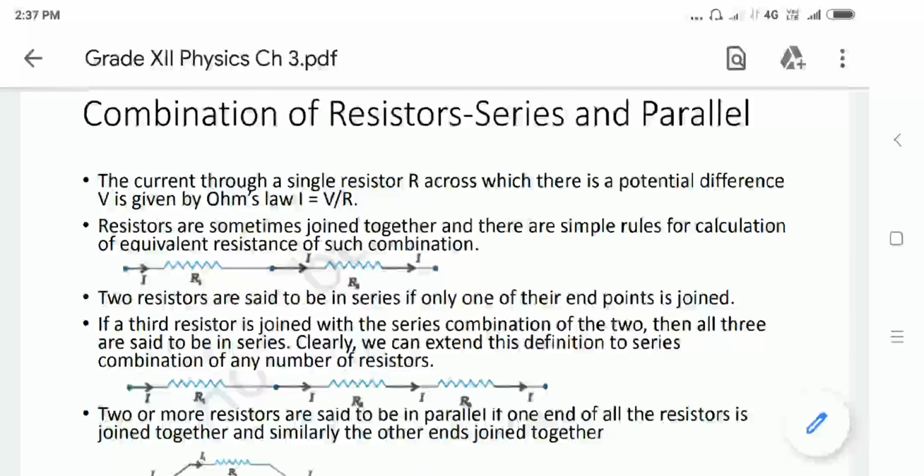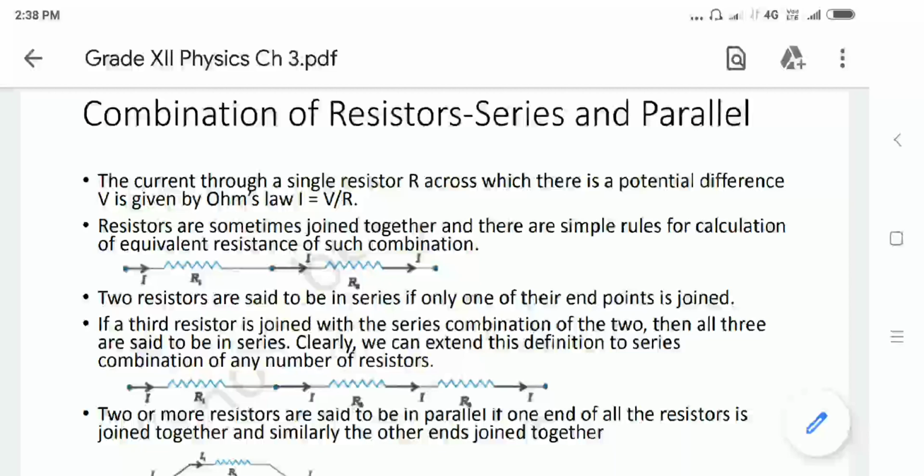Three resistors are connected in series, with the second terminal of R1 connected to the first terminal of R2, and the second terminal of R2 connected to the first terminal of R3. This is how the connection is established. Likewise, we can connect any number of resistors in a single circuit through which the same current is flowing.